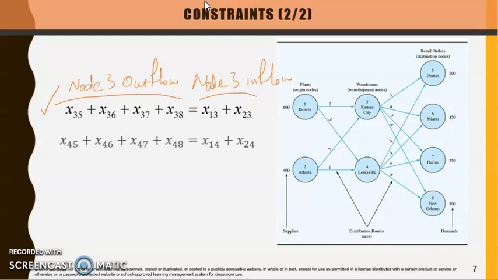Let's check for the other one. The only other transshipment node that we have is Louisville. We have here 2 inflow, and here we have 4 outflow. As you can see, from Louisville it goes out to Detroit, Miami, Dallas, and New Orleans.